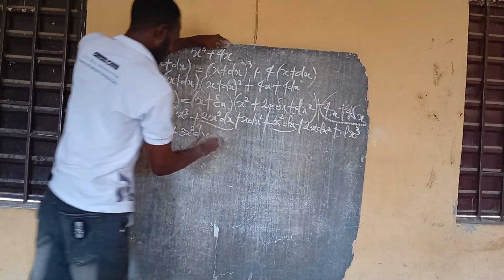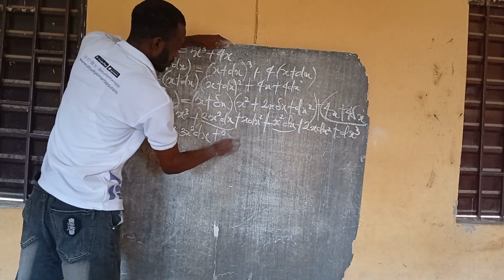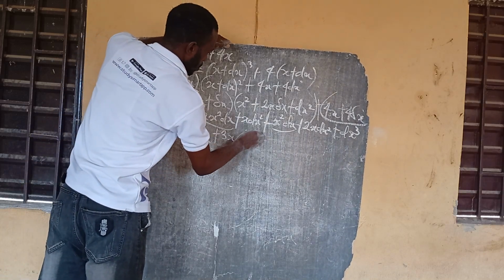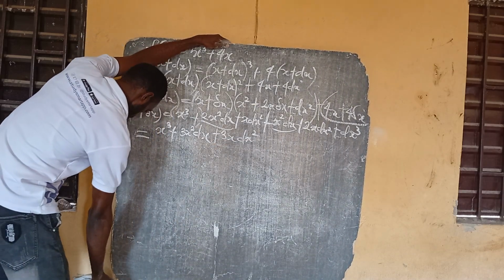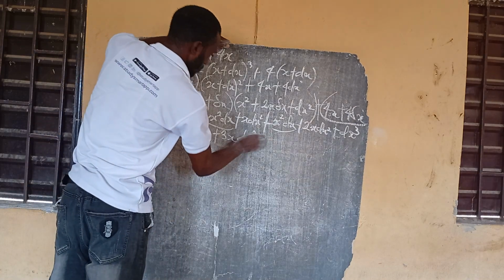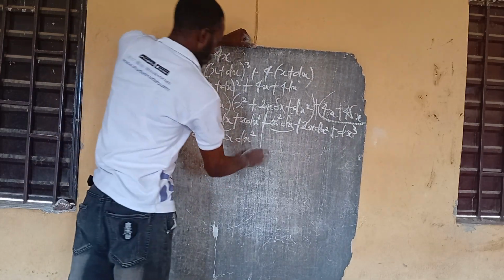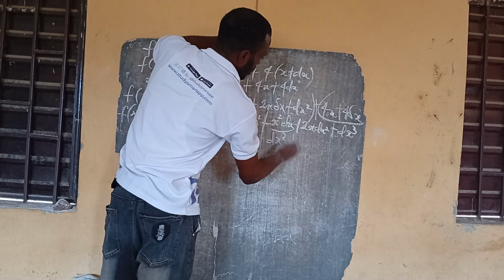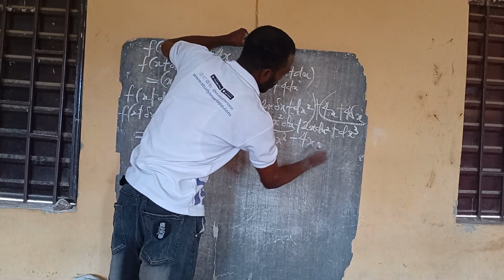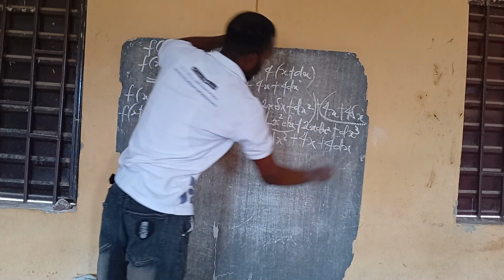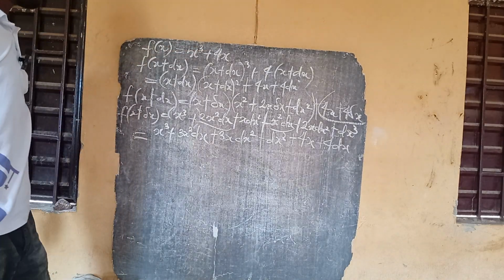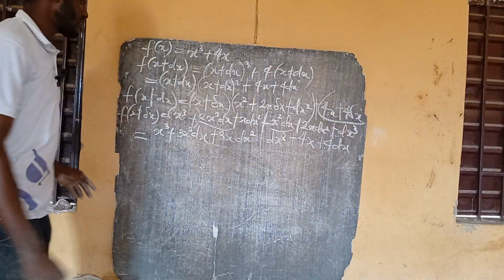This guy plus this guy will also give us 3x dx squared. Then plus dx cubed, then plus our 4x plus 4 dx. Okay. So remember that this is what we started with.